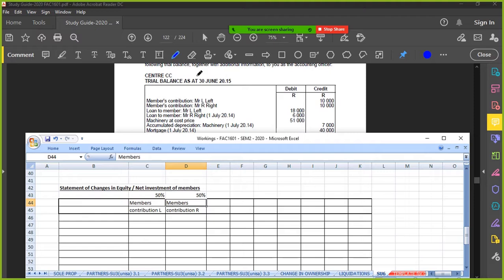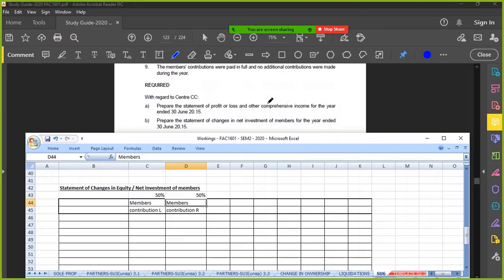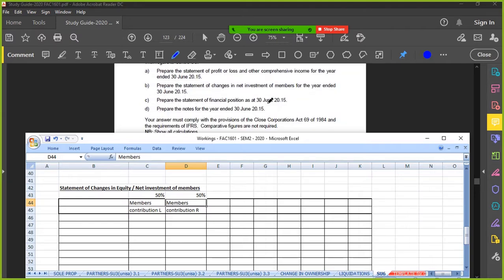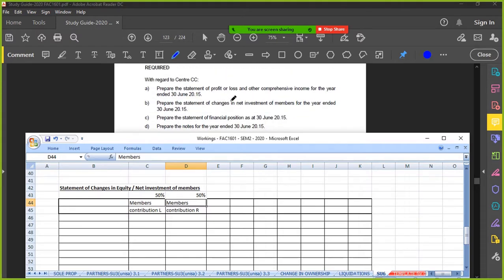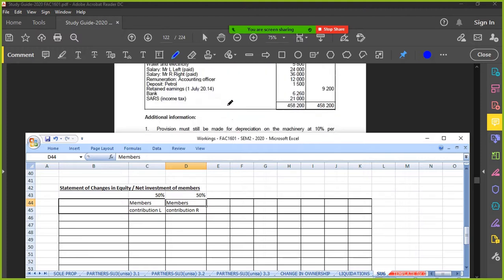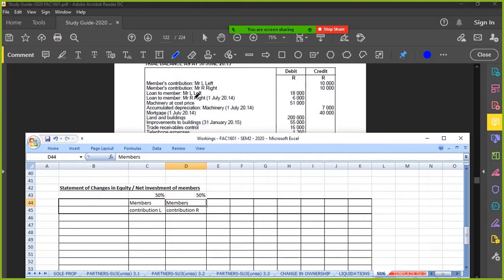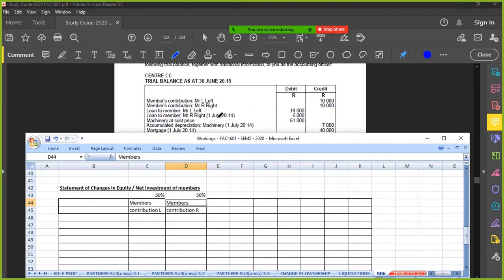All right, so dates are important. This is the 30th of June, 2015. Look at the required. What do they want here? Okay, the required says prepare the statements. Everything is for 30 June. Yeah, so that's fine. That's end of the year. Okay, perfect. So this would be before adjustments, but at the end of the year.